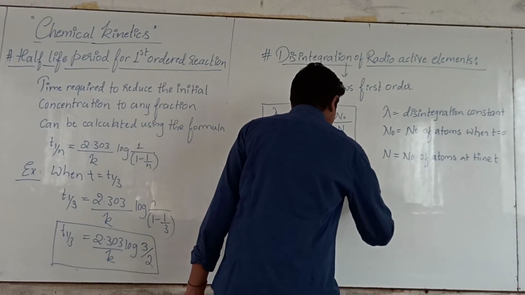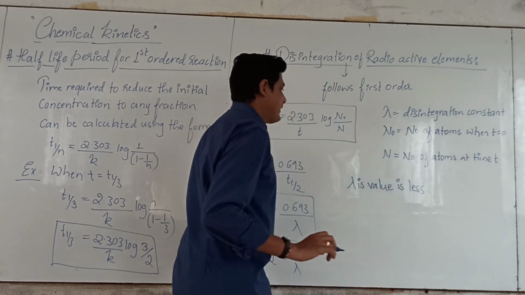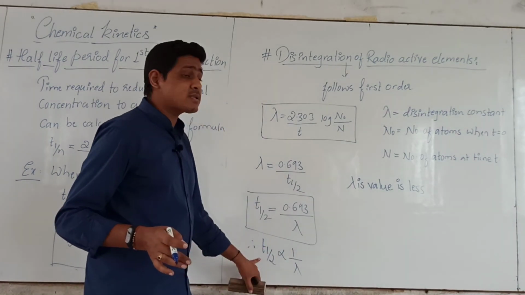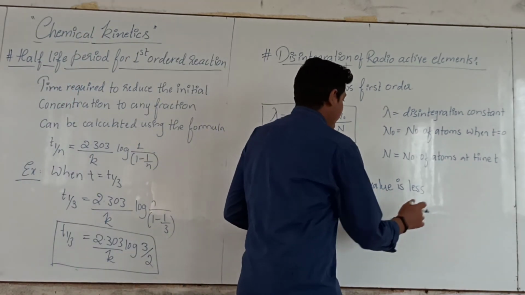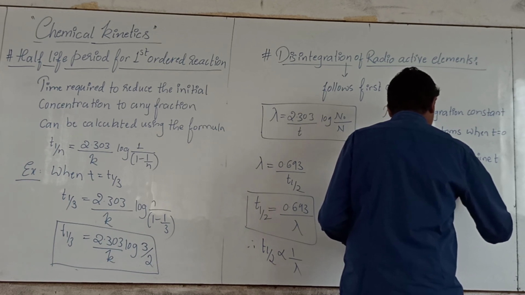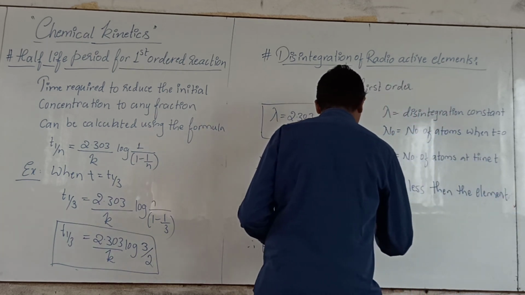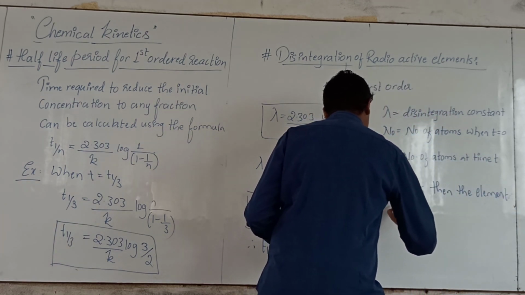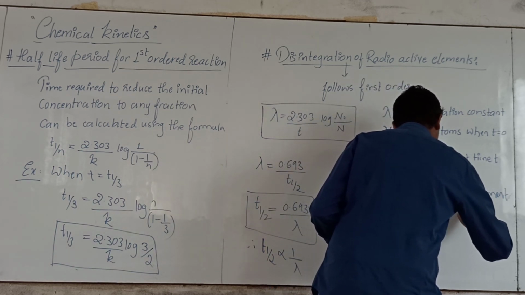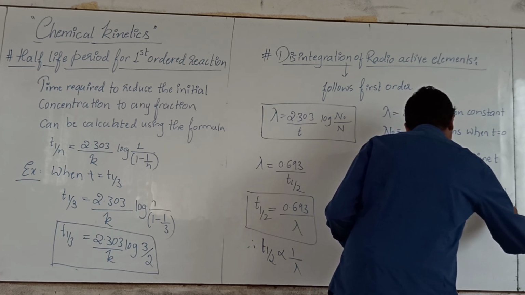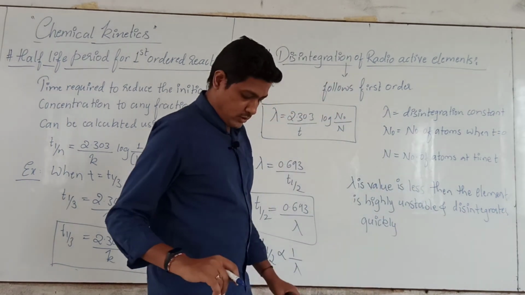Half-life period and disintegration constant are inversely proportional, means what? If the lambda value is less, then the half-life time is more, and the element is more stable and will remain for a longer time.